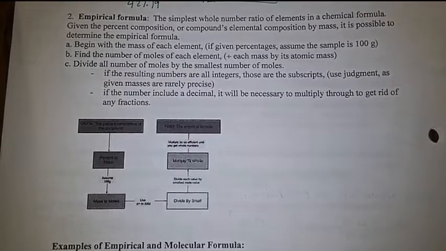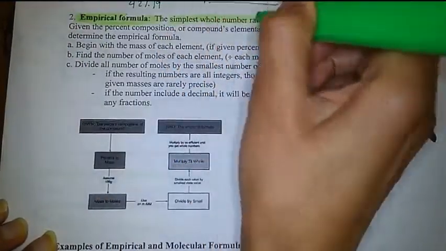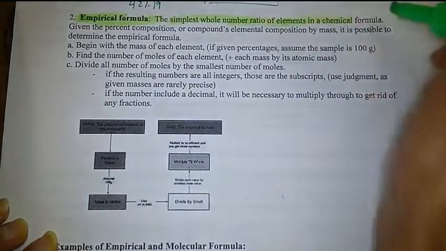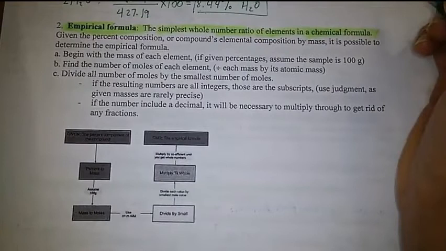So first of all, let's talk about what an empirical formula is. Highlight empirical formula. It is the simplest whole number ratio of elements in a chemical formula. Here is an example.